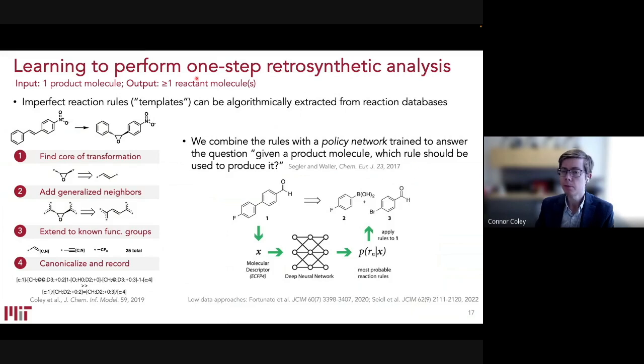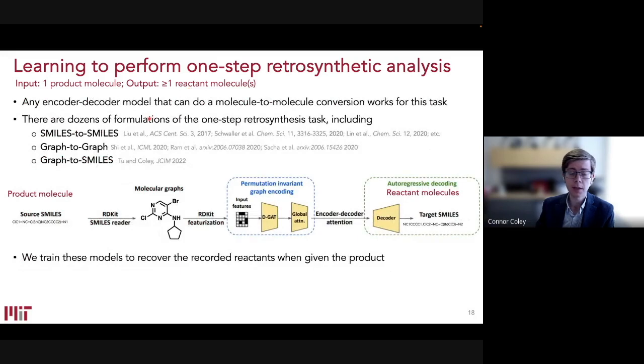But this one-step retrosynthetic analysis task, as the subtitle hopefully conveys, is a much more general problem. It's a very general problem of taking a product molecule as input and returning one or more reactant molecule structures. And so, of course, any architecture that is capable of taking a molecule as input and outputting one or more molecules can be applied to this task. I already mentioned that there's this string representation of structures.